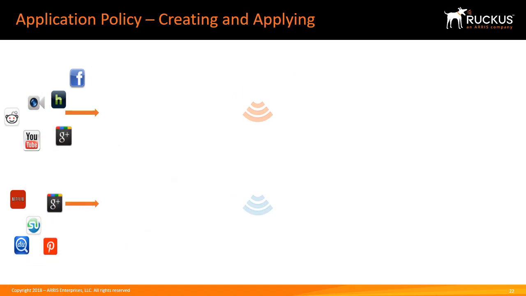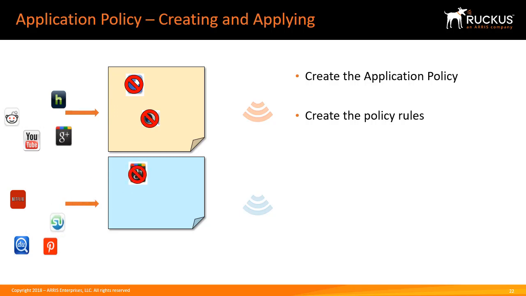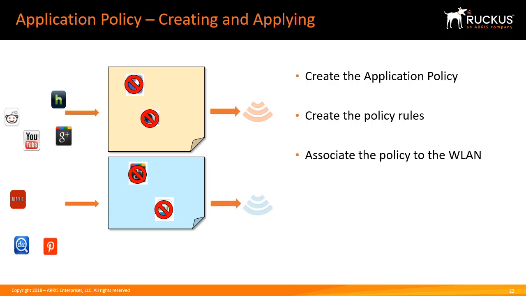To configure application policy, you create the policy, then you create the rules, then you associate them with the wireless LANs that you choose to apply the policy to.